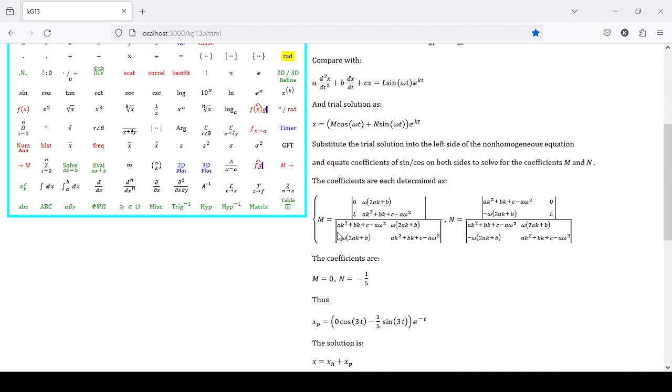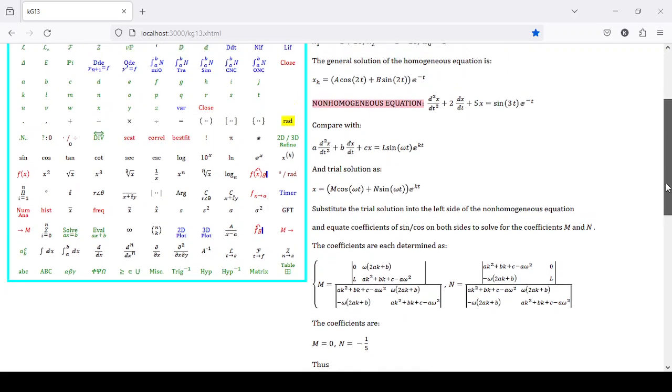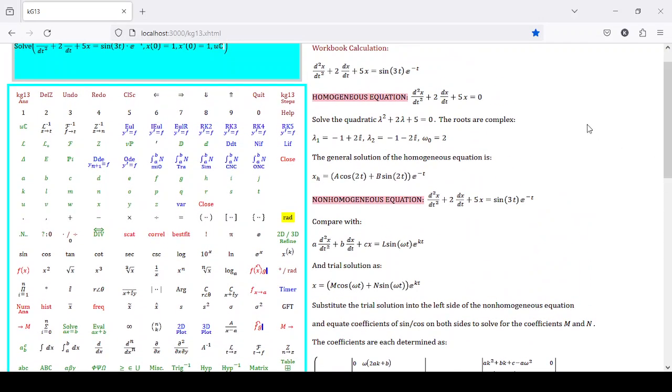That is the same quadratic that we see over here: a second derivative plus b first derivative plus c x, but given in terms of k. So if k is not a root of this quadratic, and in fact it is this quadratic that we're talking about here, where the roots are complex, then k, which is minus 1, is not a root of this quadratic.